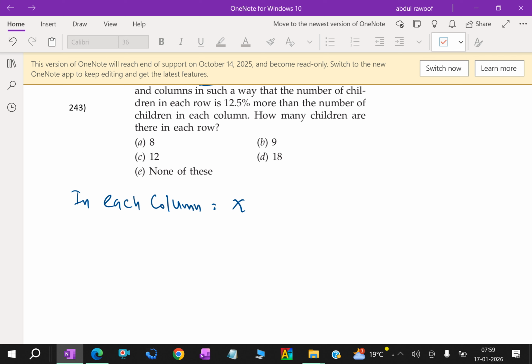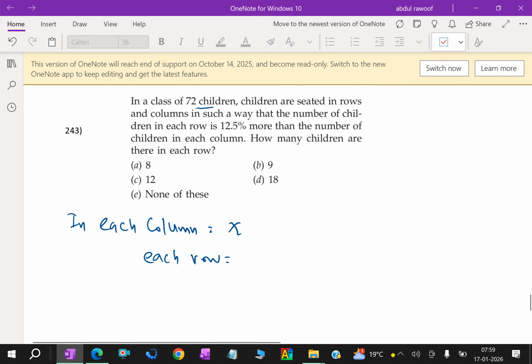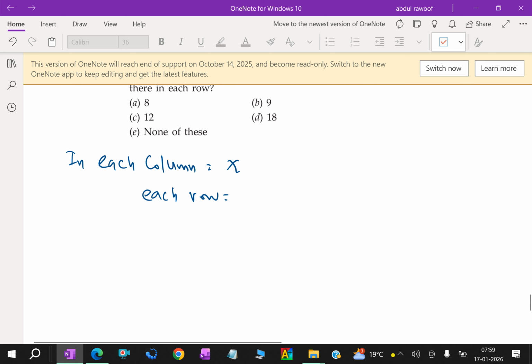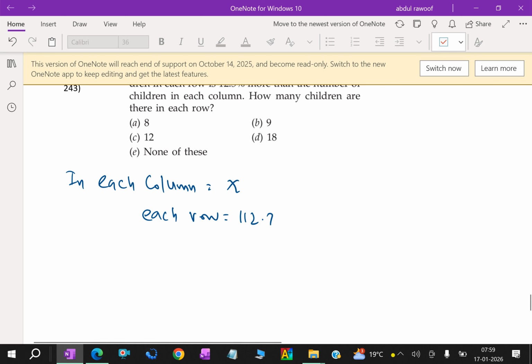Here, the number of children in each row is 12.5% more, that is 112.5% of x.